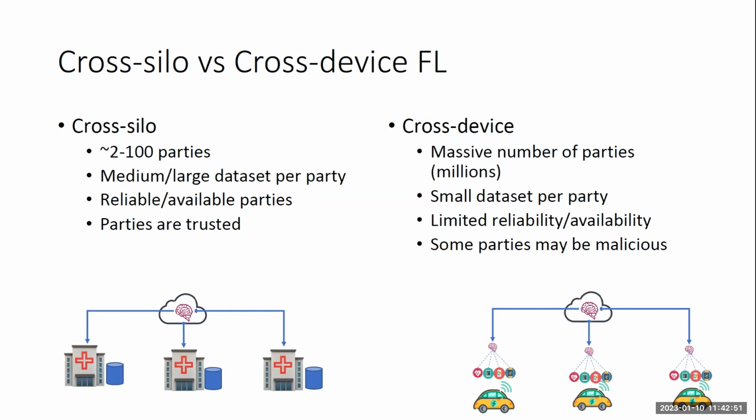And you have cross-device FL, which involves many more clients, like in the Google Android keyboard data use case. You have small data per party, limited availability and reliability, and some parties might actually be malicious.